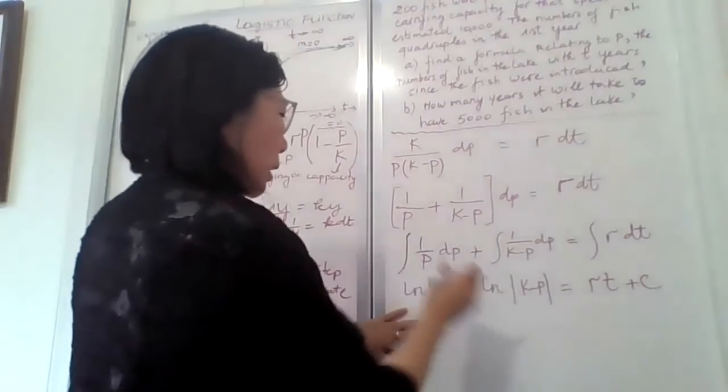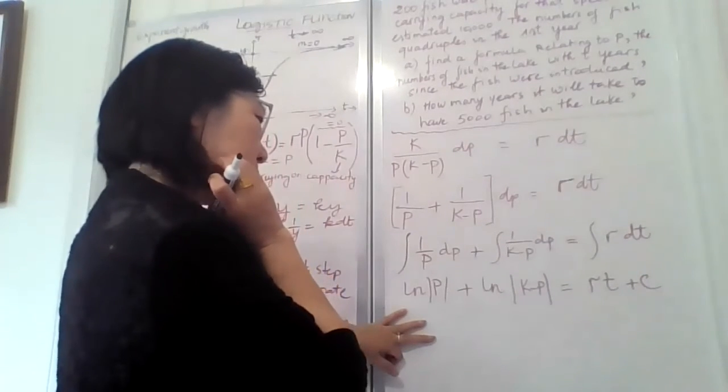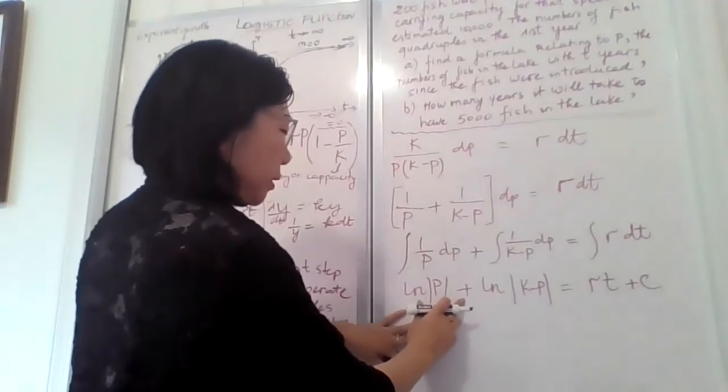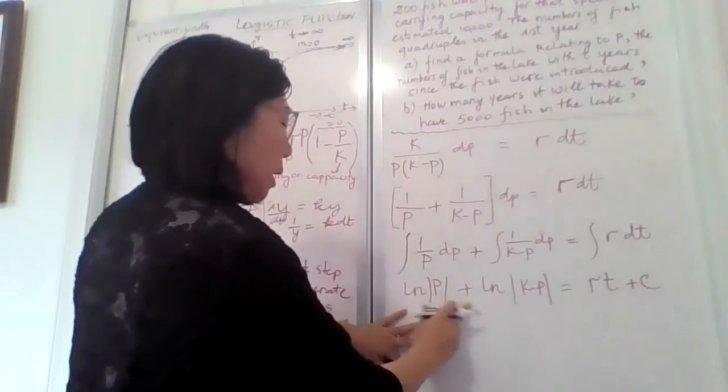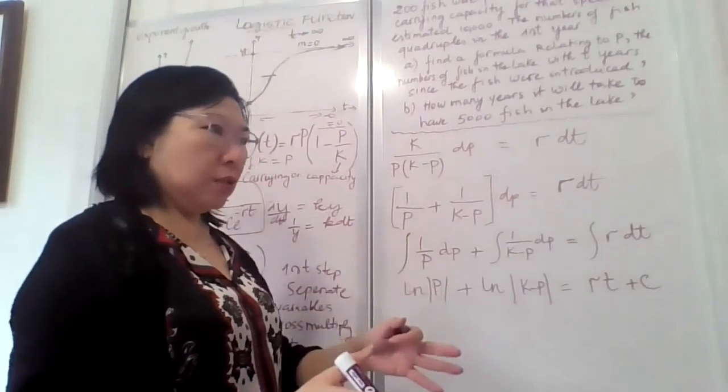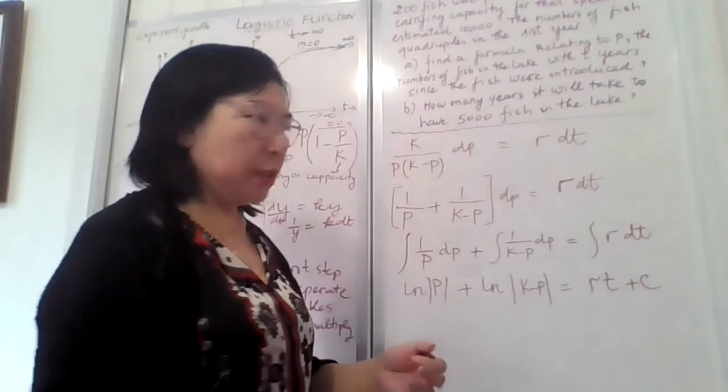So now at this point, I need to change this positive to become negative. But how do I change it? Because in math, you can never change something without compensation for it, right?